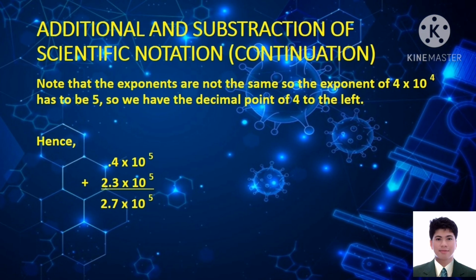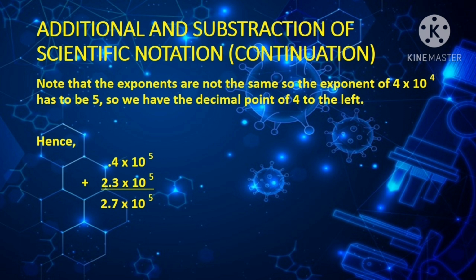Take note of this. The exponents are not the same, so the exponent of 4 times 10 raised to 4 has to be 5. So we move the decimal point of 4 to the left. Hence, it would be 0.4 times 10 raised to 5 plus 2.3 times 10 raised to 5. The answer would be 2.7 times 10 raised to 5.